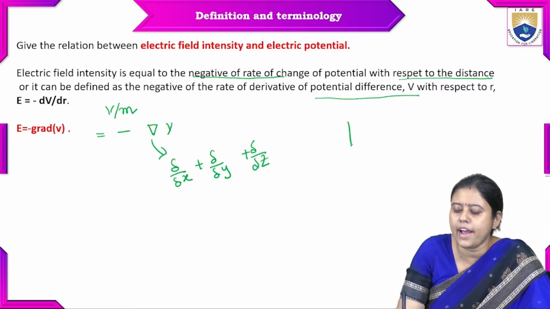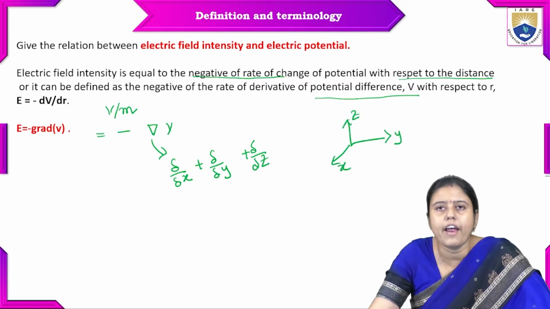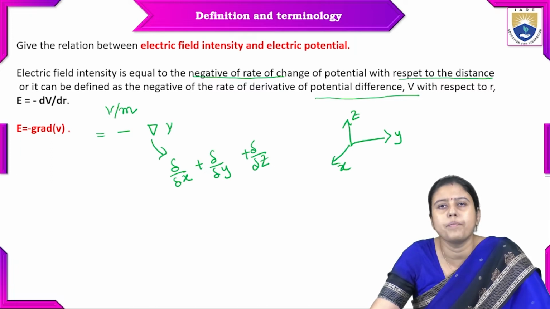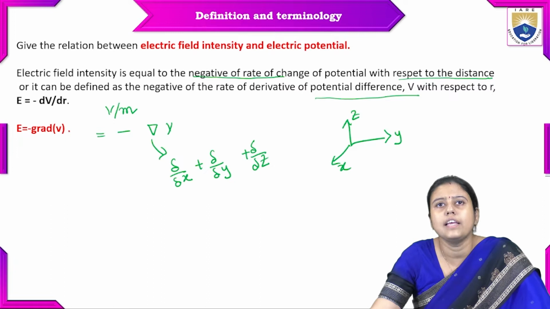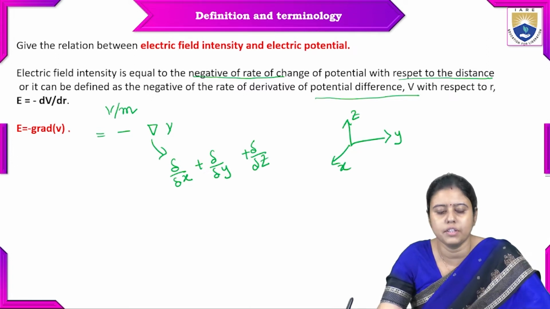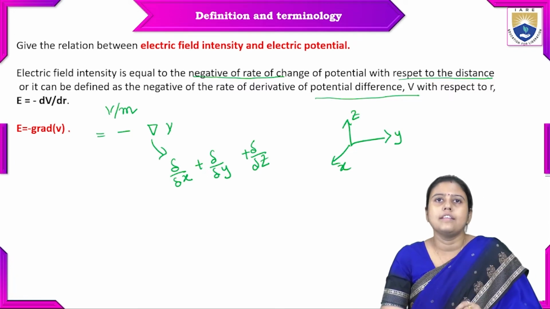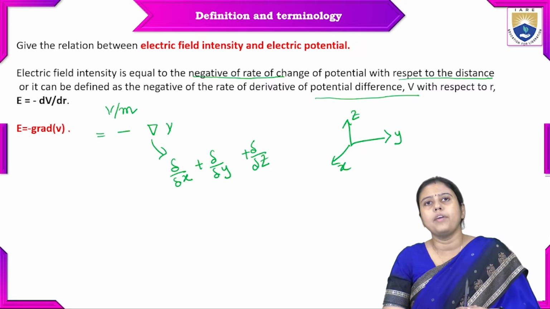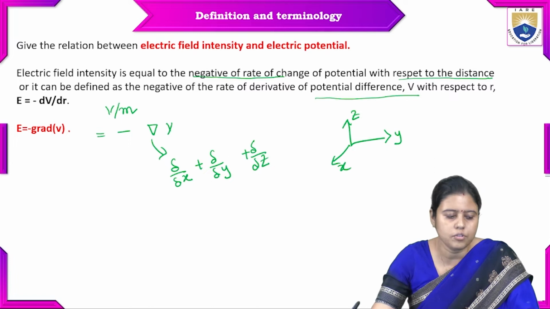If there are three axes x, y, and z, grad means del by del x plus del by del y plus del by del z. So for the three-dimensional vector form, E is equal to minus grad V. This is the relation between electric field intensity and electric potential. The unit of E is volt per meter and the unit of V is volt.